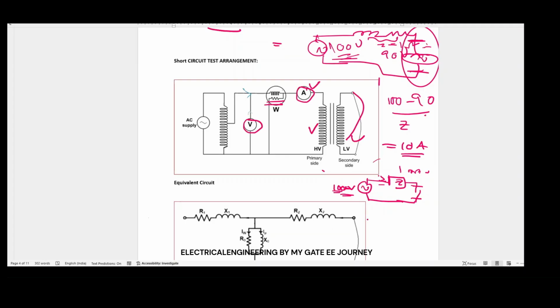Here also, like the open circuit test, we get three parameters: input voltage, input current, and wattage, how much it is drawing from the source. Here is the normal equivalent circuit: this is the primary impedance, this is the secondary side impedance, and these are the shunt parameters.